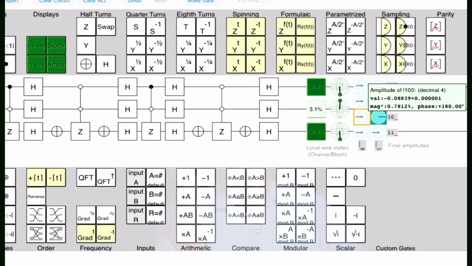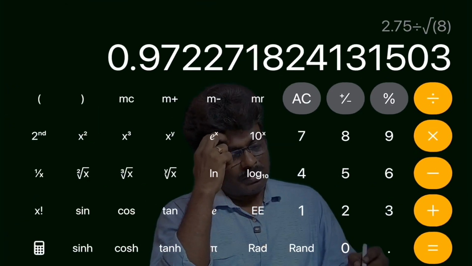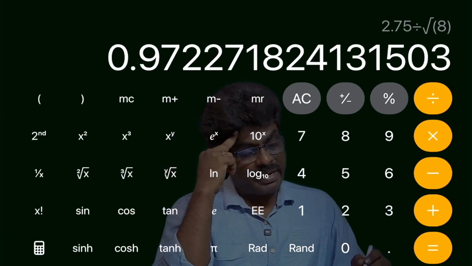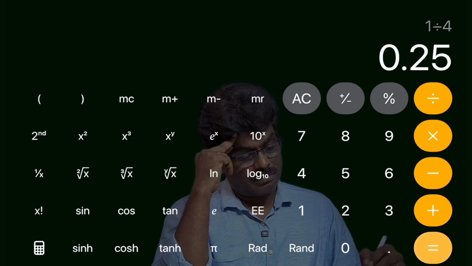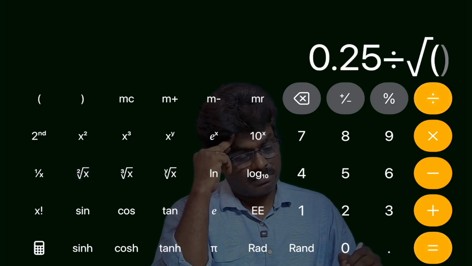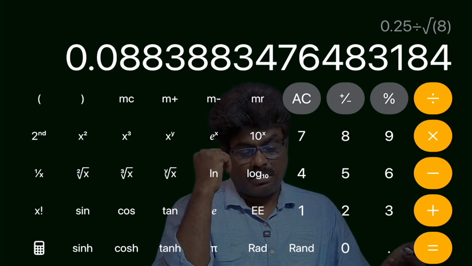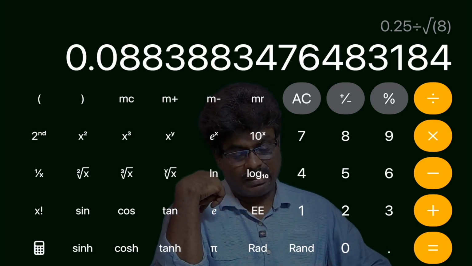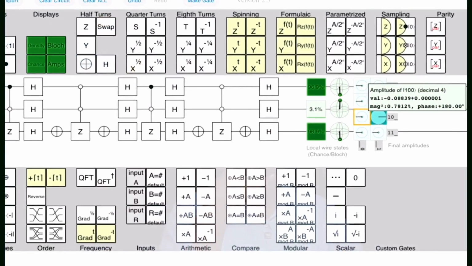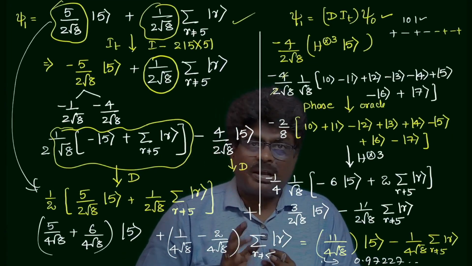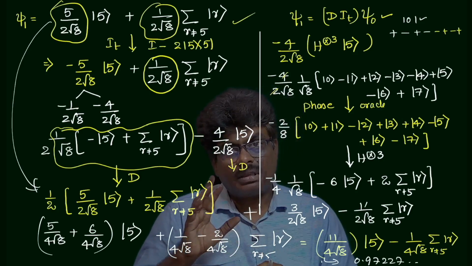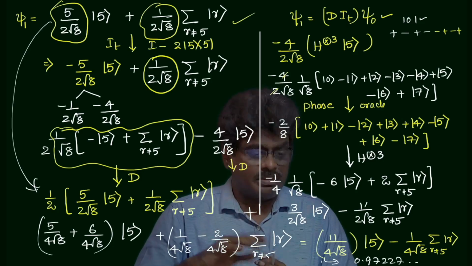This is 0.88, so 1 by 4 root 8, yes, 0.88388, yeah, 0.8839. That's it. So I hope you understand this. Okay, so we have verified by using iteration matrix as well as that simulator.